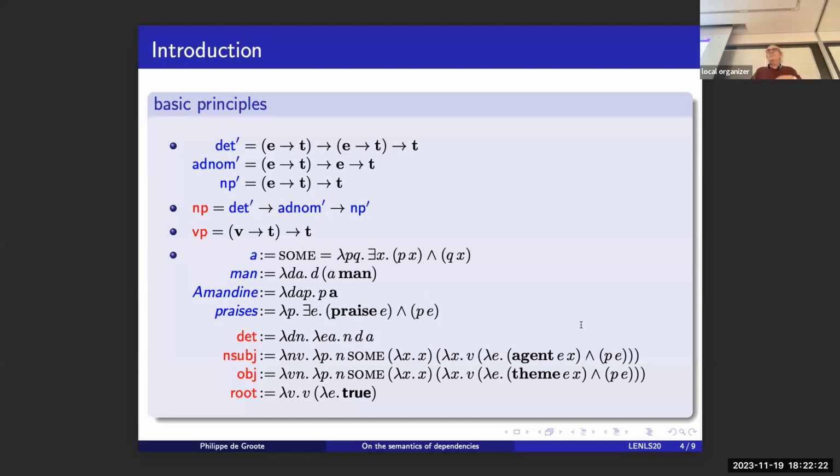This is a way of terminating the fact that you may iterate modification, and in case you have a partial dependency structure, because you would possibly parse a non-grammatical sentence, you would get something anyway. So suppose instead of "a man praises Amandine", I have "man praises Amandine". Then I would obtain by default that there exists a man who is praising.